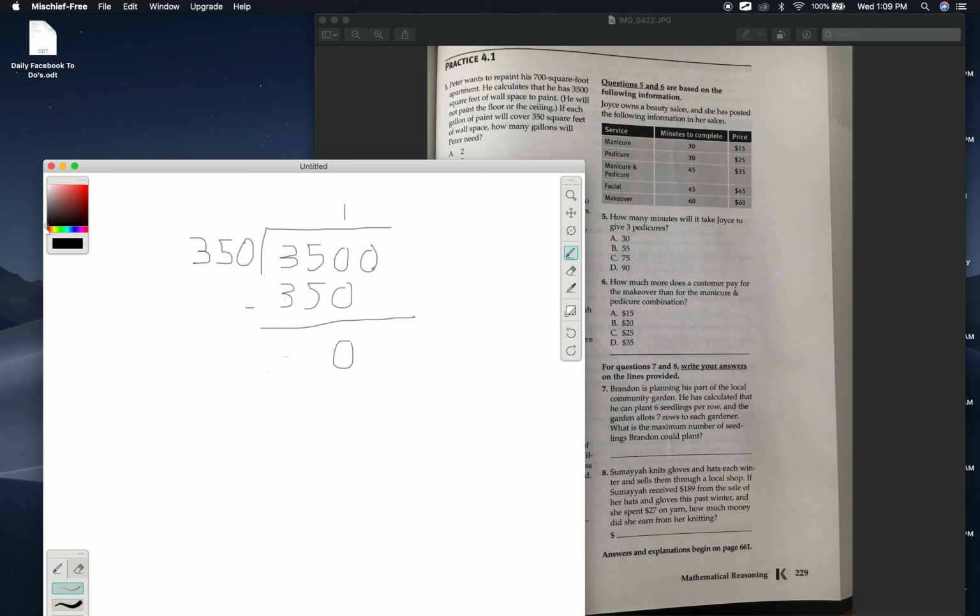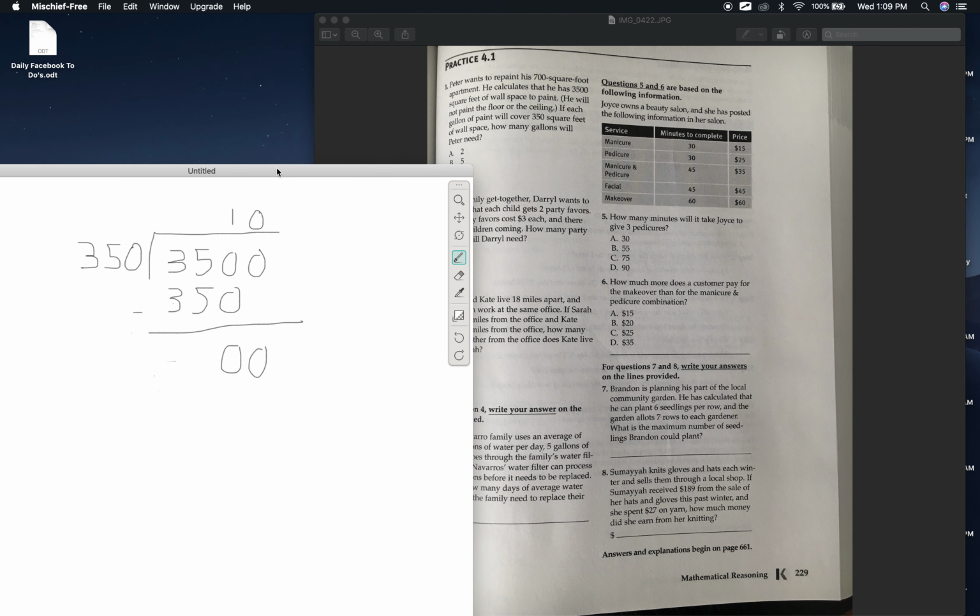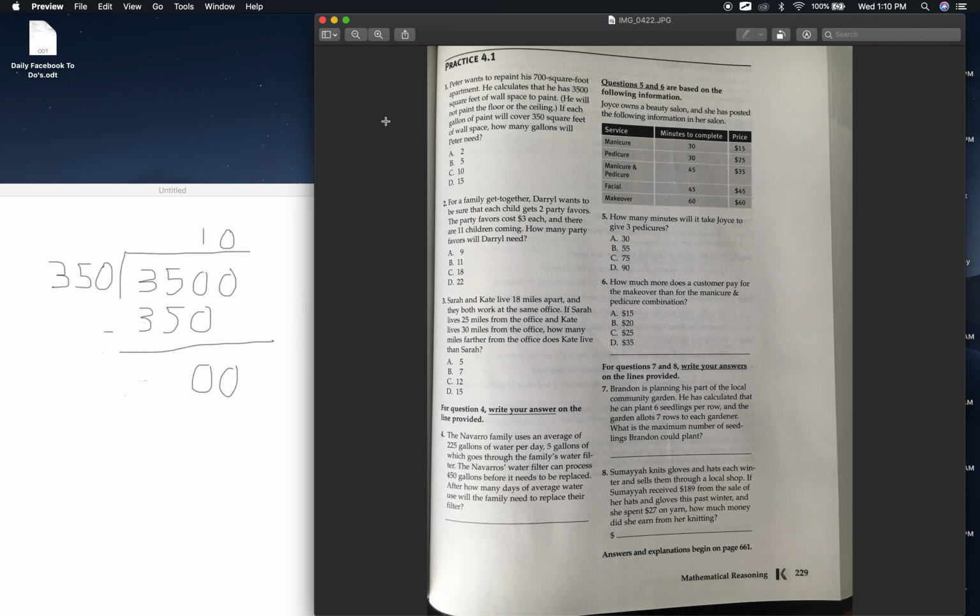So we'll bring down this 0 here. Does 350 go into 0? No, it doesn't. So there's nothing else we can bring down. So how many times does 350 go into 0? Goes in there 0 times. Okay, so our answer, as you can see here, will be 10.